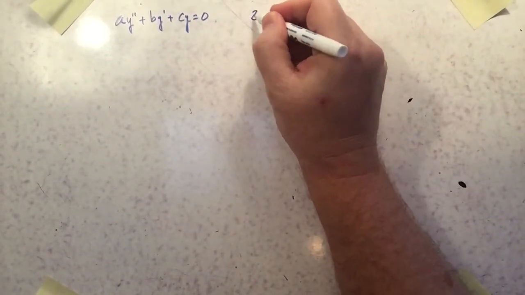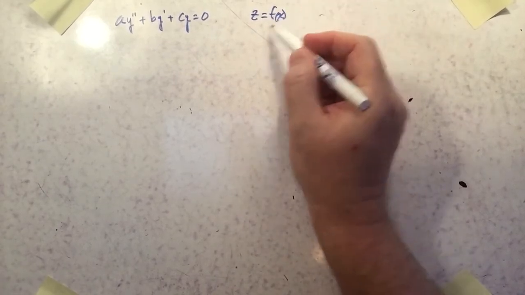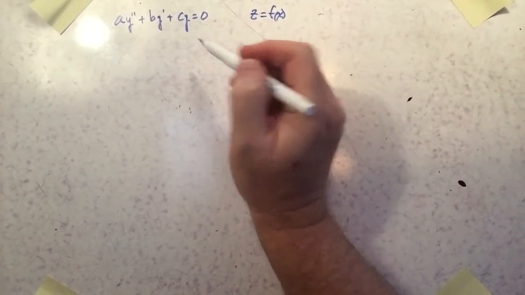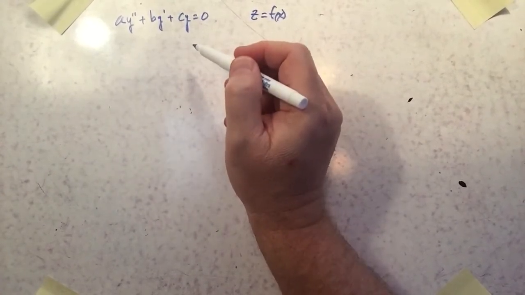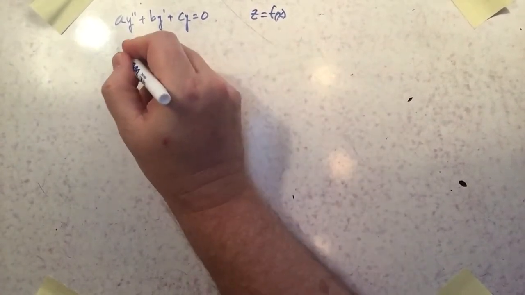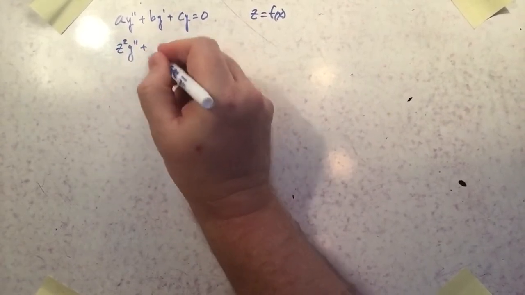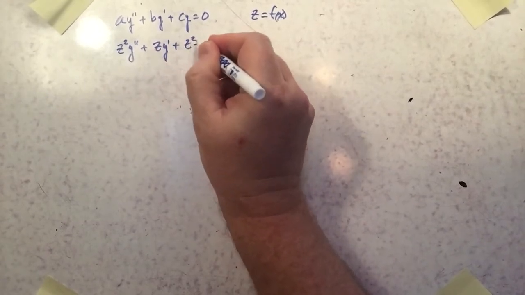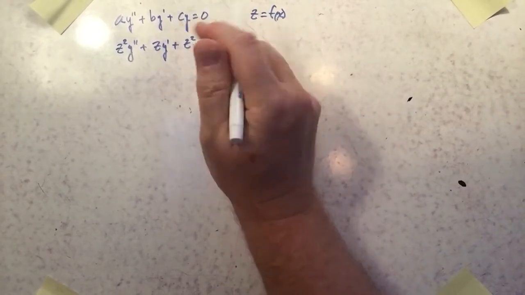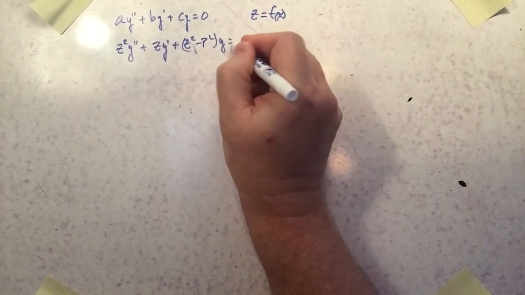If you make the suitable choice of z equal to some function of x, and you make that replacement into this equation, you'll get a new equation that fits the form of a Bessel equation. Let me write that down to remind you. That would be something like z²y'' + zy' + (z² ± p²)y = 0.